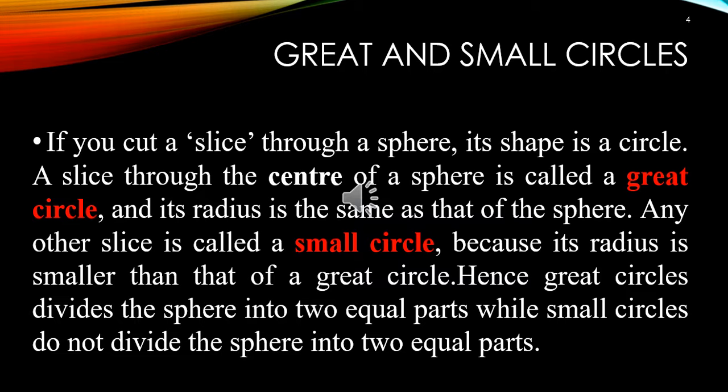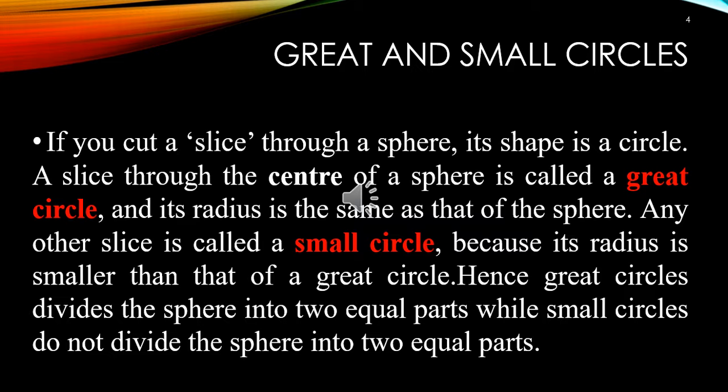And for us to venture into it, we begin with a small introduction of great and small circles. If you cut a slice through a sphere, its shape is a circle. A slice through the center of a sphere is called a great circle, and its radius is the same as that of the sphere.